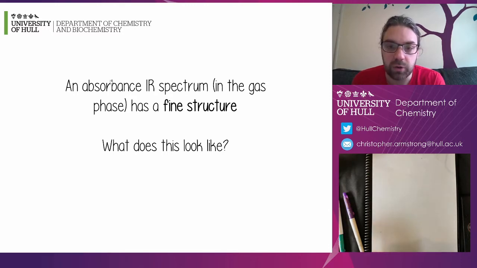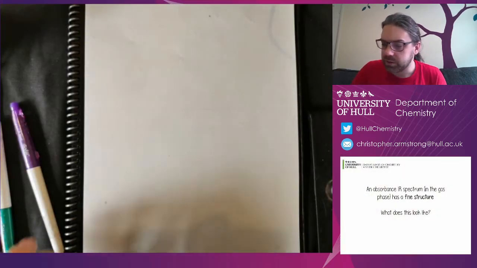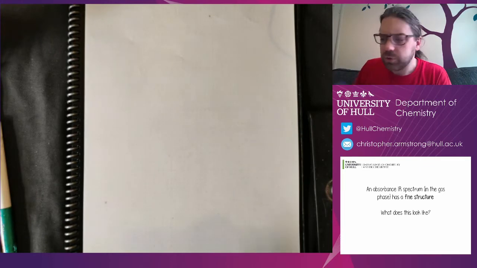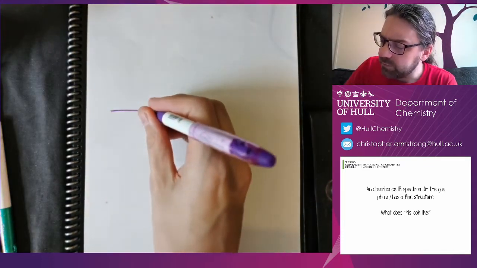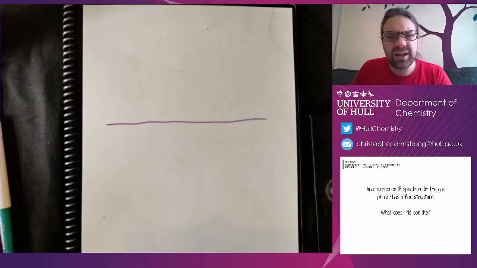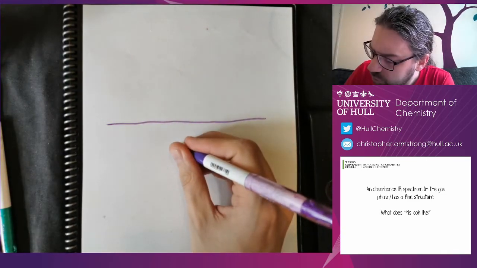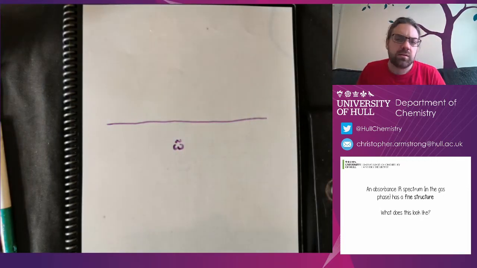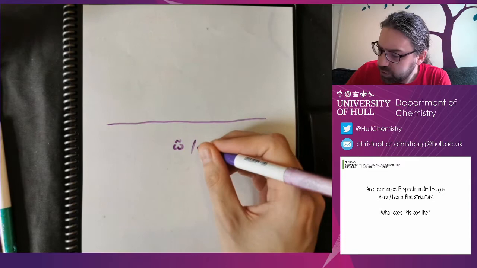So what does that look like? Let's switch to a visualizer. Excellent. So let's draw out an infrared spectrum here. This will be our IR, and we'll do it in wave numbers, per centimeter.